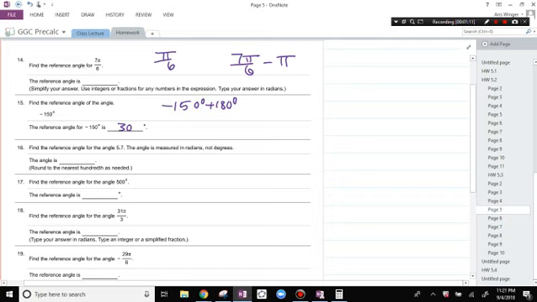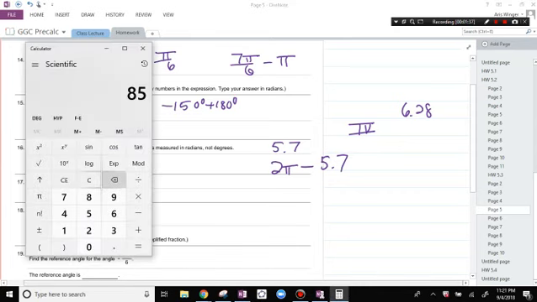5.7 radians is in the fourth quadrant because 2 pi is 6.28. So in order to get back to the first quadrant, you would do 2 pi minus 5.7.